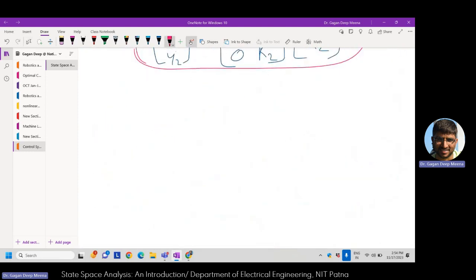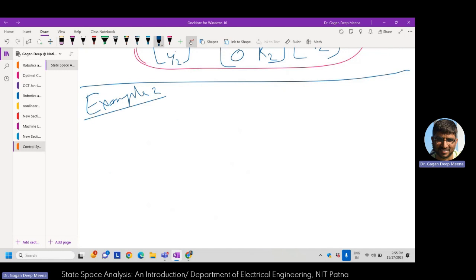And we can try to see the state space representation for that particular mechanical system. So let's take another example of a mechanical system. It's a spring mass damper system.